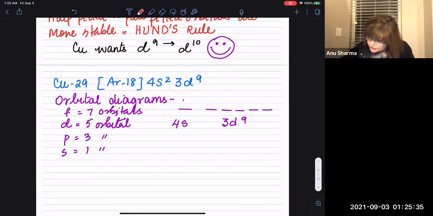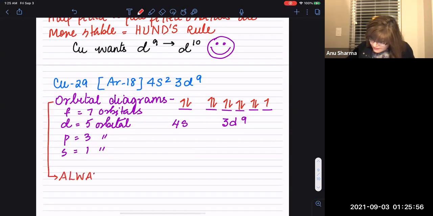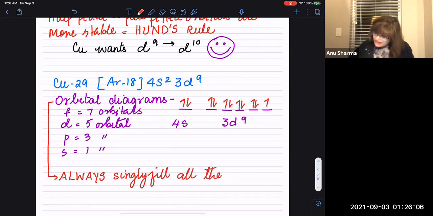Now look at these electrons. 4s2 is right here, and 3d9 is first you fill in 1, 2, 3, 4, 5, 6, 7, 8, and 9. So always when you're making the orbital diagrams, always singly fill all the orbitals.